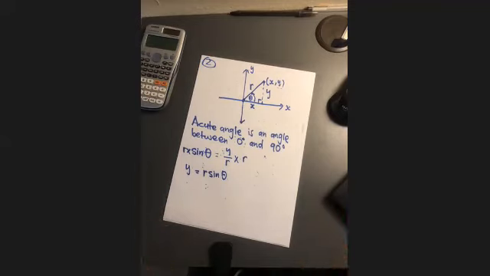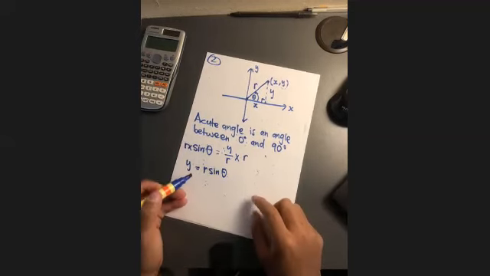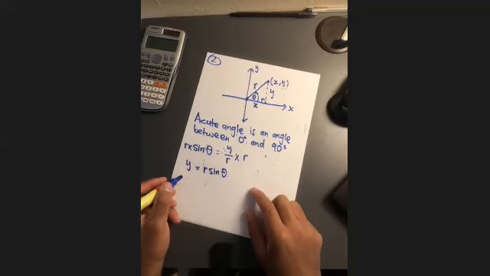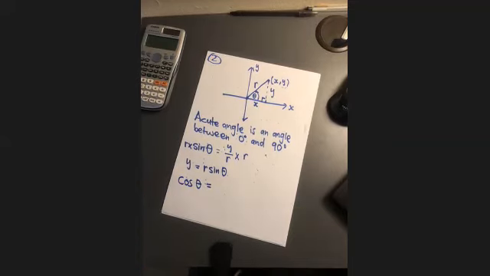And then we want to get our x in the context of trigonometric ratios, just like we found our y. So we know that the cosine of theta is given by the adjacent over the hypotenuse.